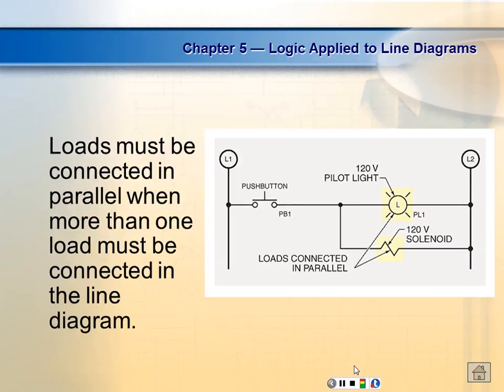Loads must be connected in parallel. So now we've got a parallel circuit. Loads must be connected in parallel when more than 1 load must be connected in the line diagram. For this we have 2 lines. So this rung has 2 lines. Everybody okay? You understand the difference?